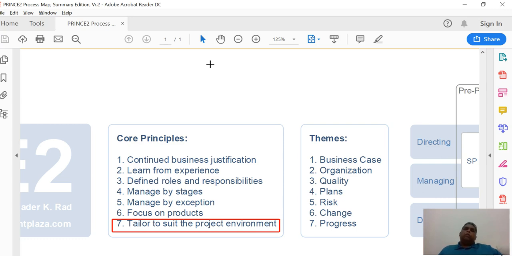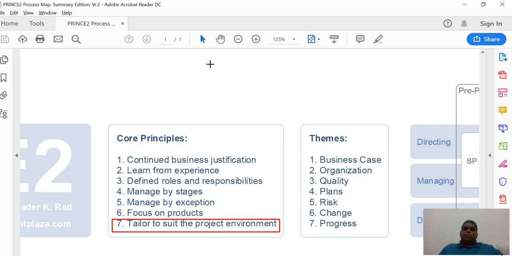On the other hand, if you're working on a larger project with the need for a greater number of resources, and if you're working on a high risk initiative, well, you might need to add additional roles within the context of the project to manage those aspects of difficulty. And therefore, tailoring to suit the project environment is a very important element of PRINCE2 principles.